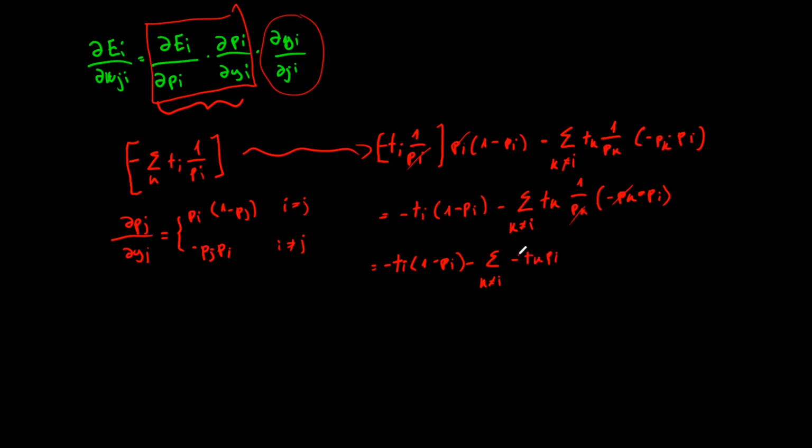But we can extract, so this is the same as having minus 1 multiplying the whole thing. We can extract this minus 1 to outside the summation, so we can put plus here and remove this here just to get rid of that minus. And finally, because this p_i doesn't depend on k, we can also extract it outside, so we have p_i here, and we can remove it from here, and we have t_k only, right?